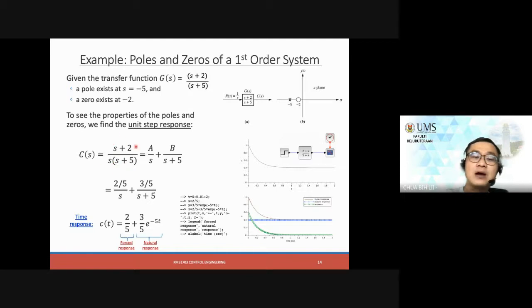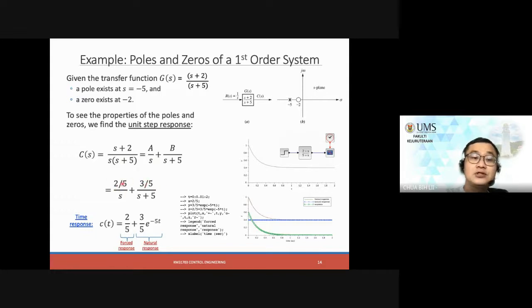This would be our whole output from this particular block diagram. From this fraction we can put it into partial fractions consisting of A over s and B over (s + 5). This is where you need to use your knowledge of partial fractions. Break them into parts, so you have 2 over 5 and 3 over 5.